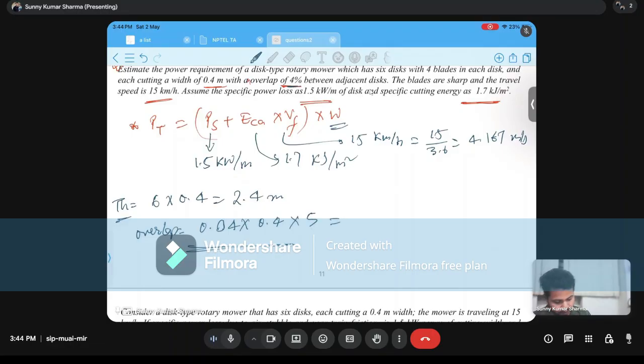So 5 into 0.4 into 0.04 is the total overlap which we need to neglect to find the actual width. This becomes 0.08.